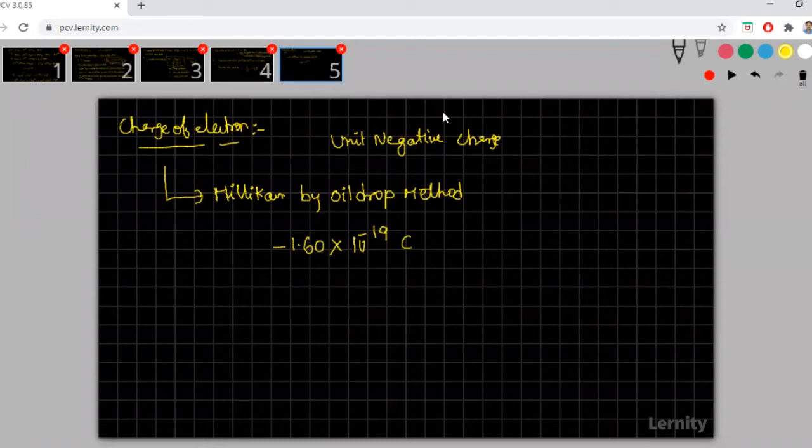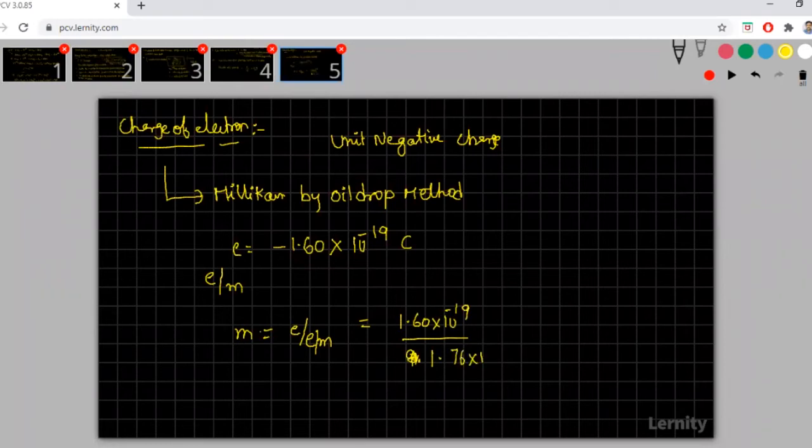Now you already know the e by m value, and here the e value came. Now I take the ratio: m is equal to e divided by e by m, that is 1.60 into 10 power minus 19 divided by 1.76 into 10 power 11.